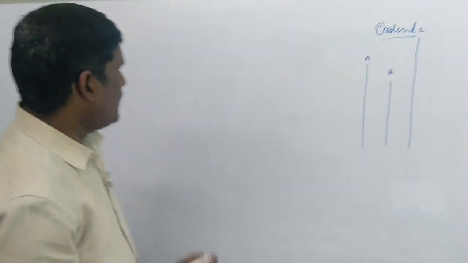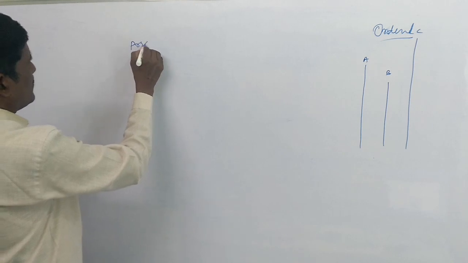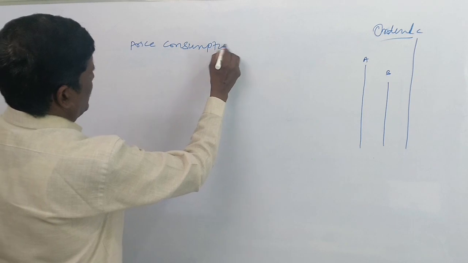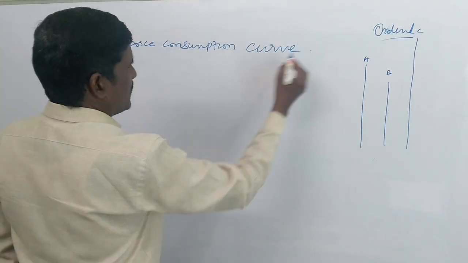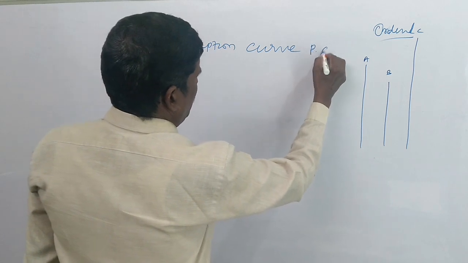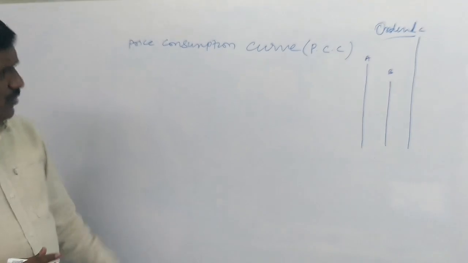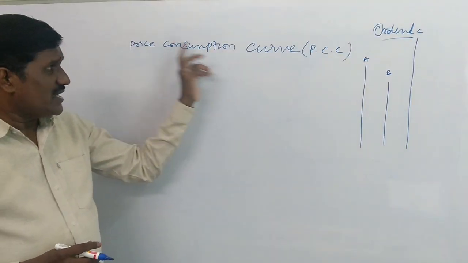Let me say here, price consumption curve. This is called PCC. So how can we build the price consumption curve?